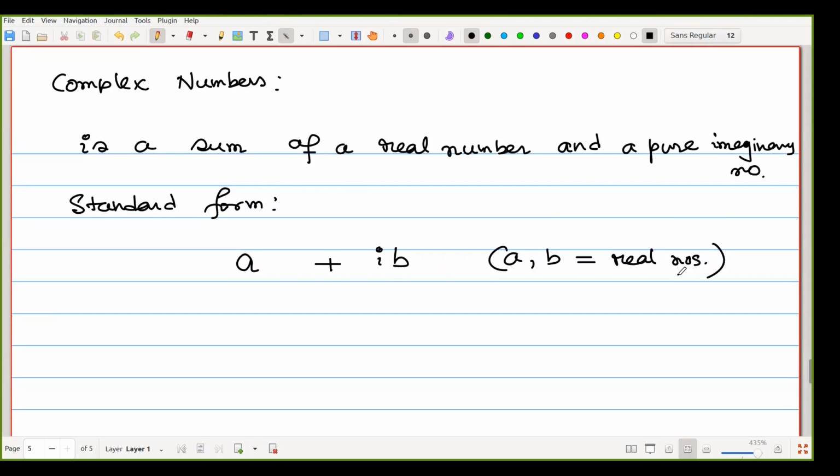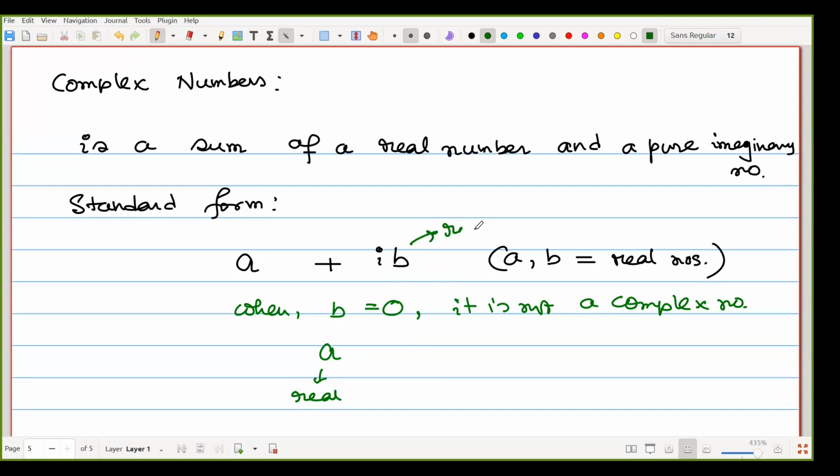A and B both are real numbers. Now, important part is here. When B is equal to 0, it is not a complex number. Why? Because we have A, that is real, B, that is real, I, that is imaginary.